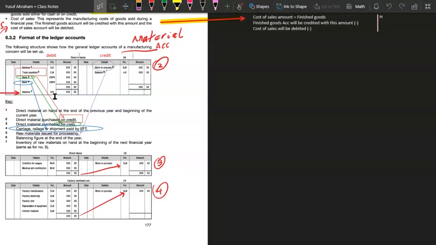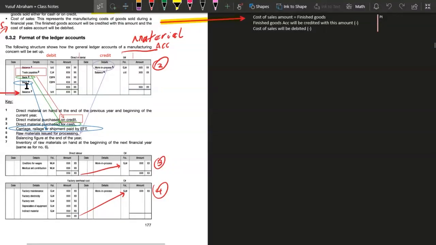Trade payable. Obviously, when you hear trade payables, it means you purchased material on credit, right? Bank. Every time you see bank, it means that you had to make a cash payment, right? So for example, bank number 3 there, you can say that this was for buying material cash.